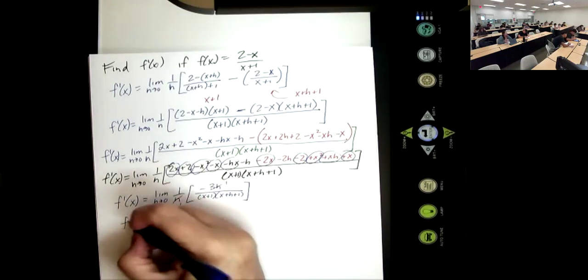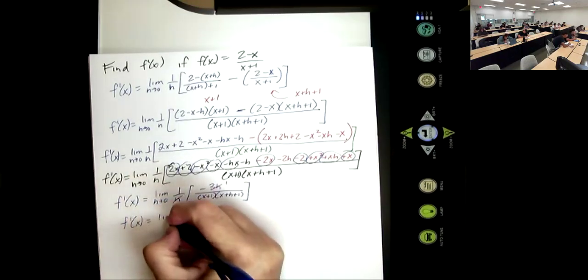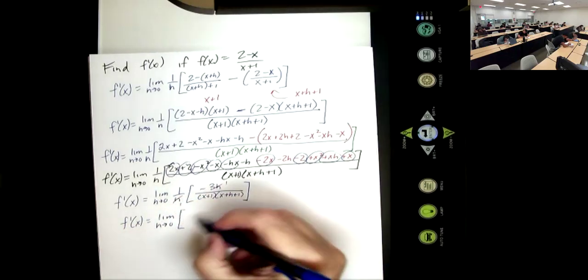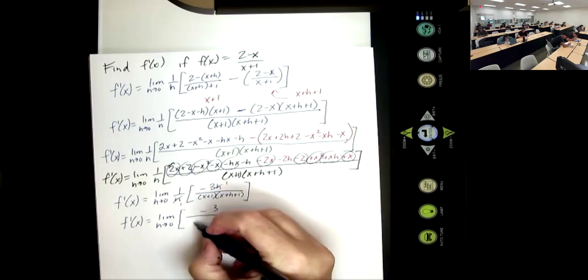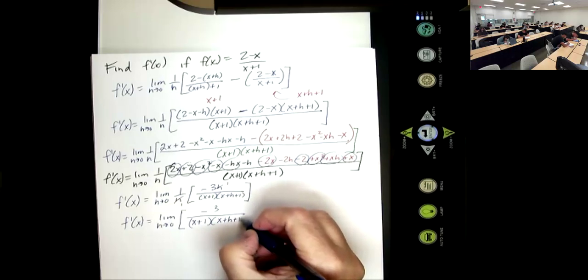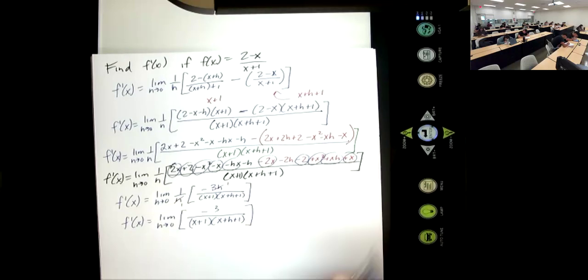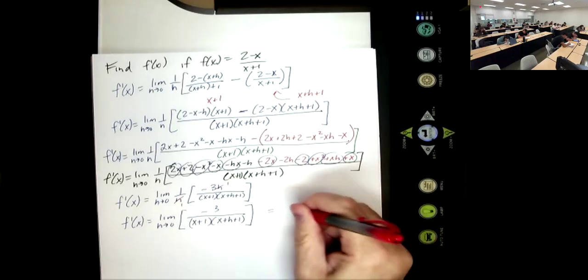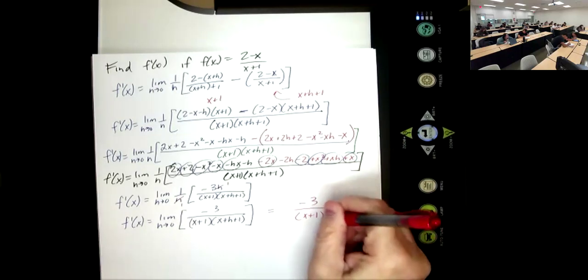So if I were to write it with everything cleaned up, but before I evaluate h as 0, I have negative 3 over x plus 1 times x plus h plus 1. So I just get negative 3 over x plus 1 squared.